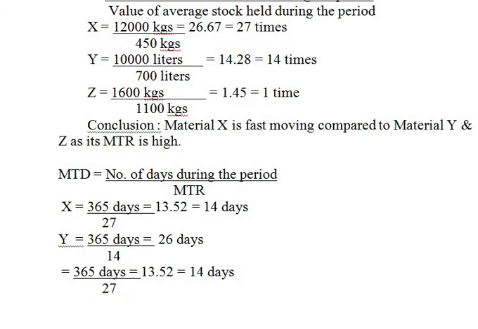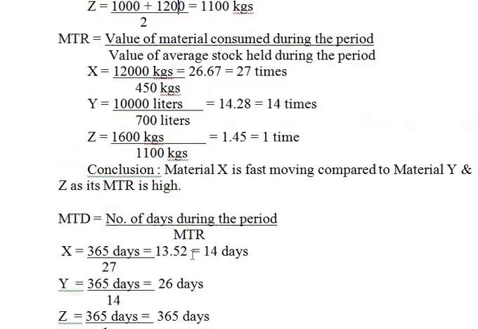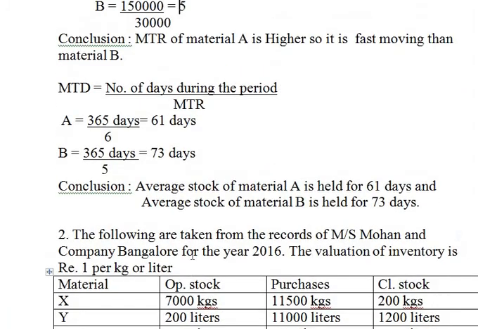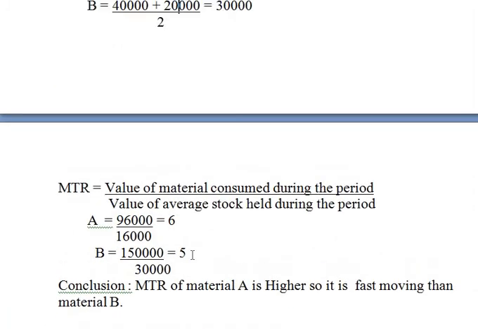Z is equal to 365 days divided by one time, right? So your answer will be 365 days. Okay. Hope this problem is clear to you all. So this completes your material turnover ratio.